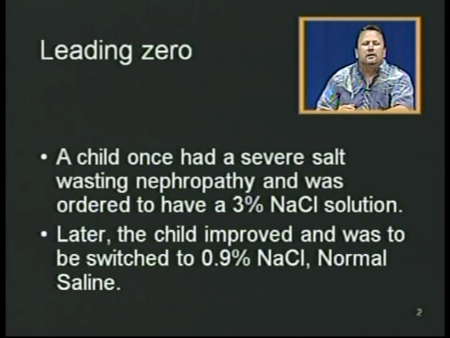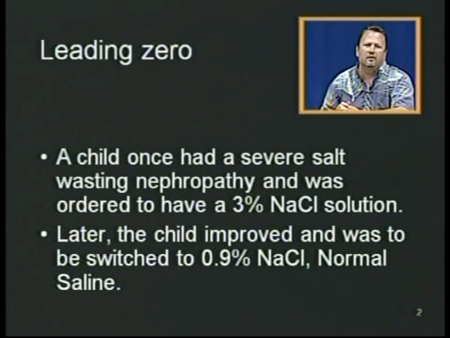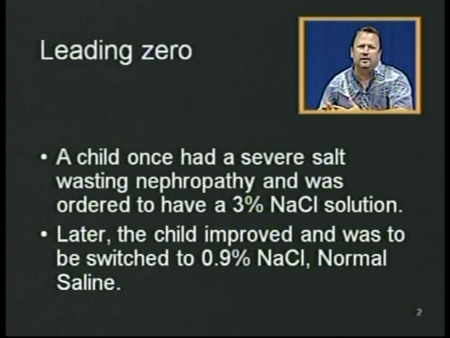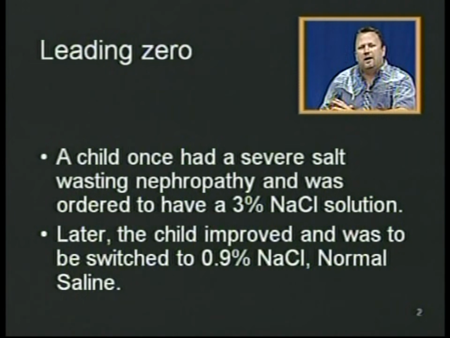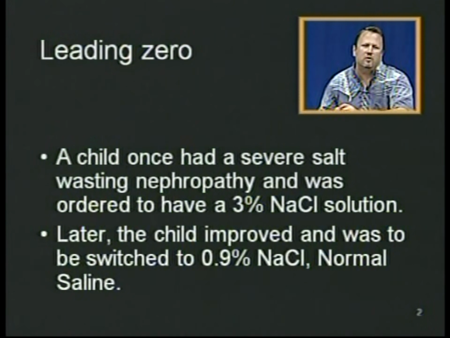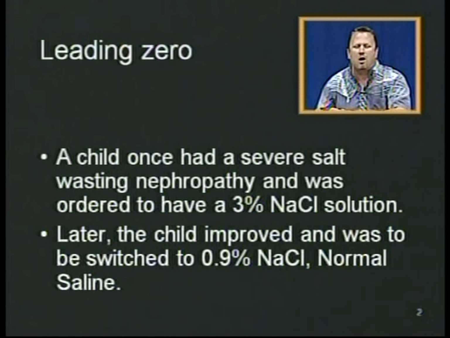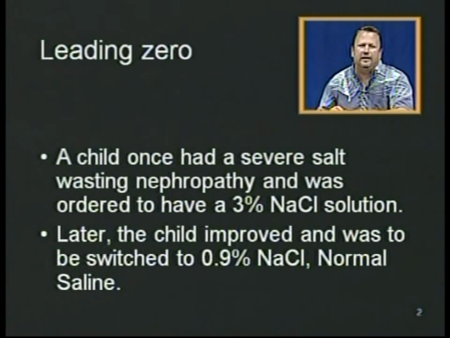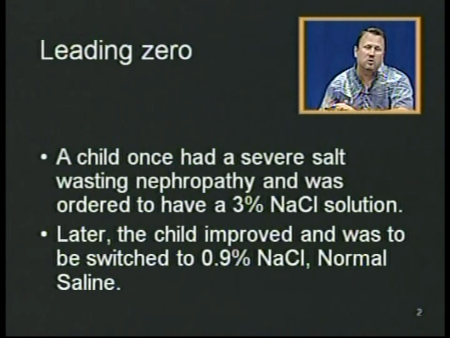Well, this is important, and I want you guys to be very aware of the concept of something called a leading zero. A child had a severe salt-wasting nephropathy, nephro meaning kidneys, pathology meaning disease. They had a kidney disease that caused them to lose sodium chloride. So they were ordered to have a 3% sodium chloride solution. 3% sodium chloride is very concentrated.